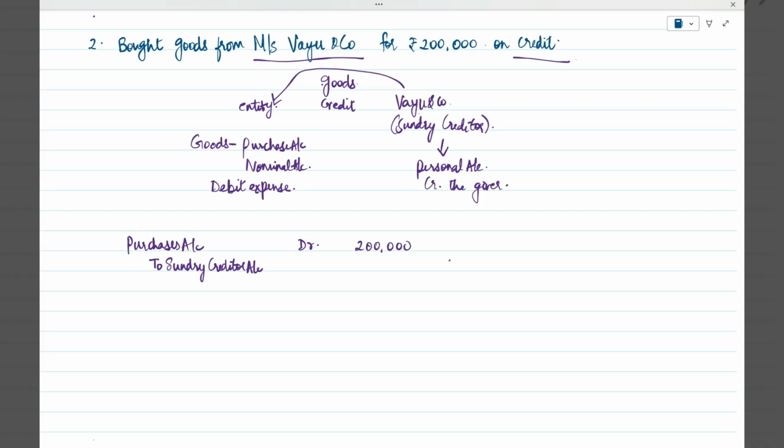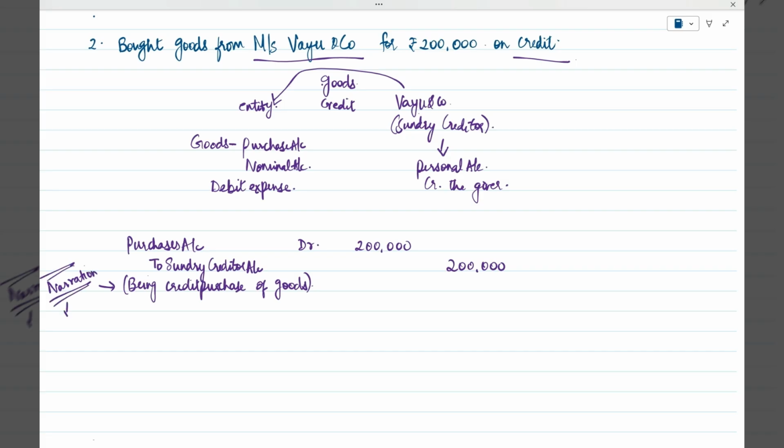Goods worth 2 lakh were purchased. So being credit purchase of goods. I hope this is clear, right? What we give in the bracket is called narration. What is the purpose of narration?